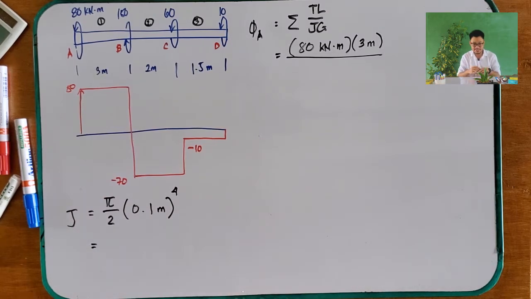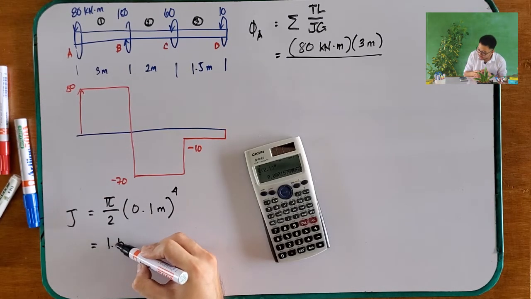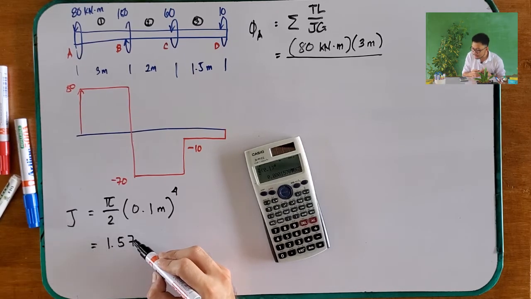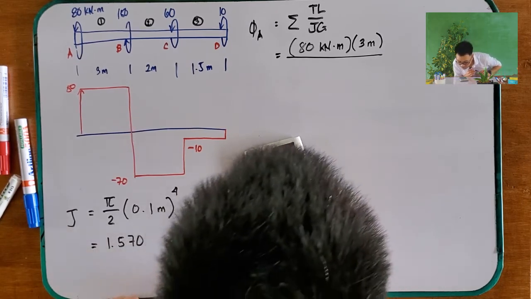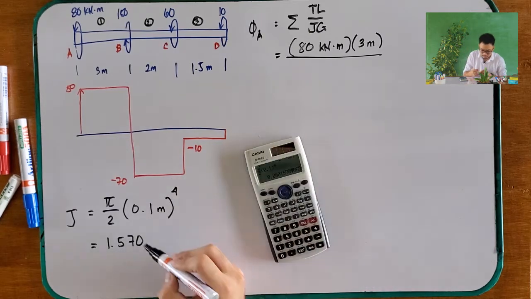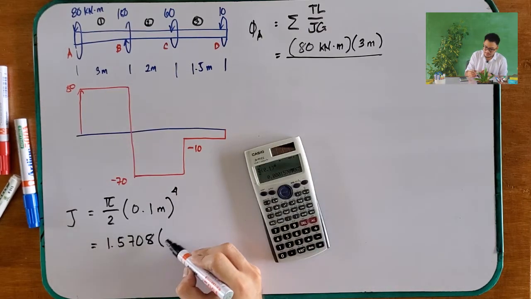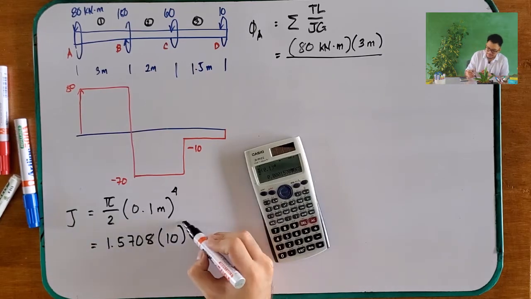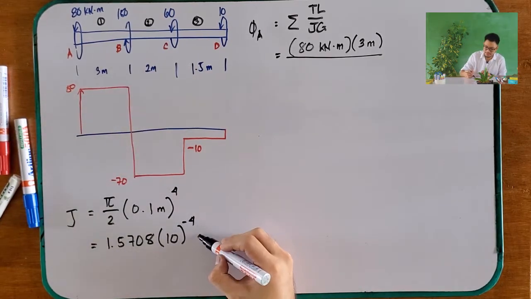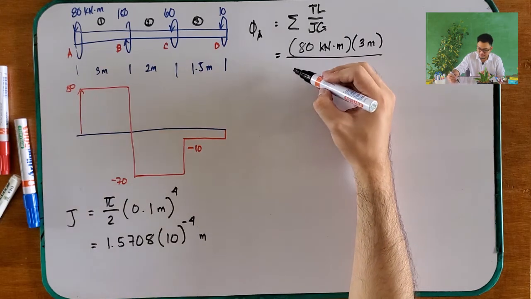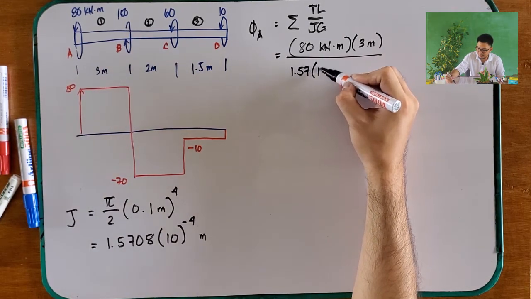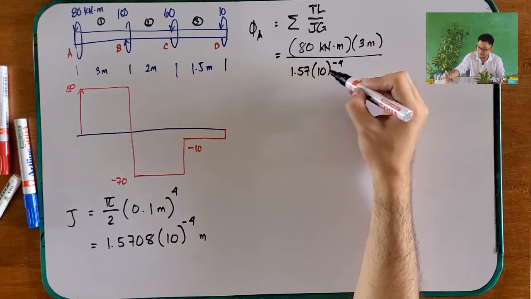So this one is 1.5708 times 10 to the negative 4 meters to the 4th. So therefore, 1.57 times 10 to the negative 4.